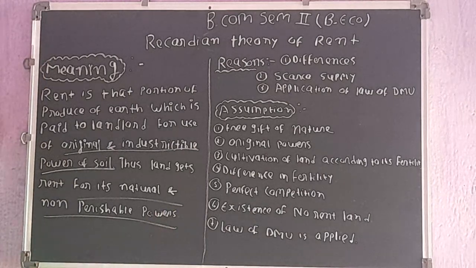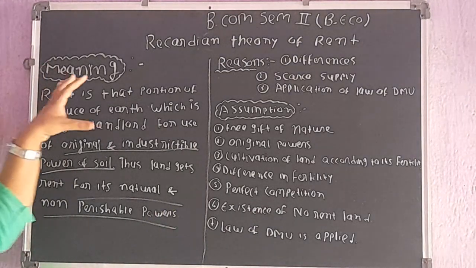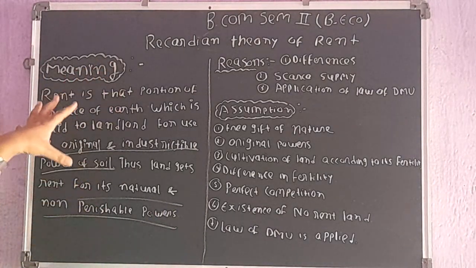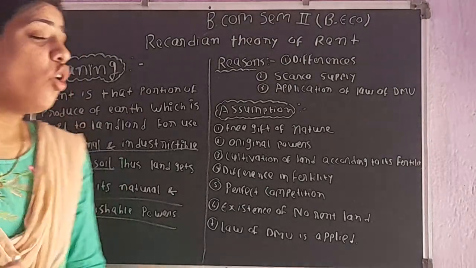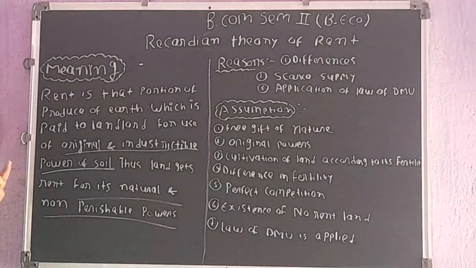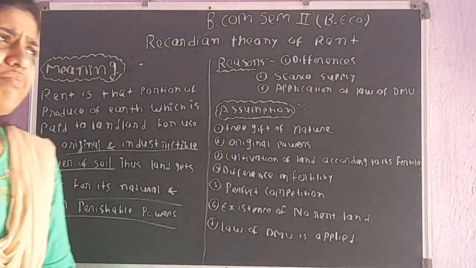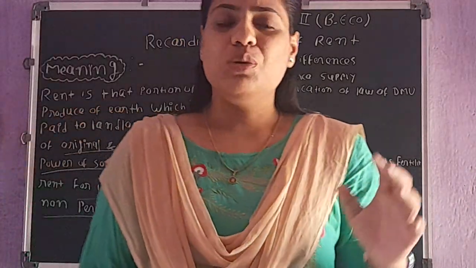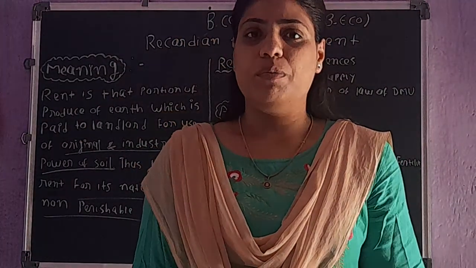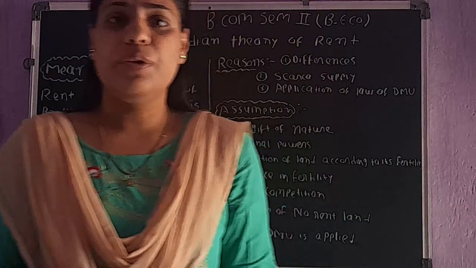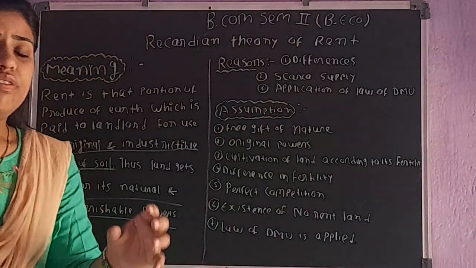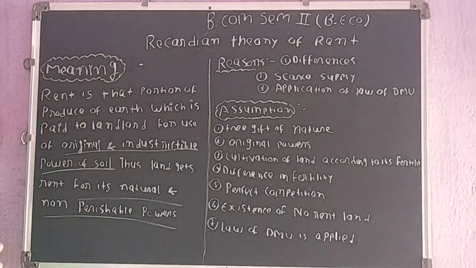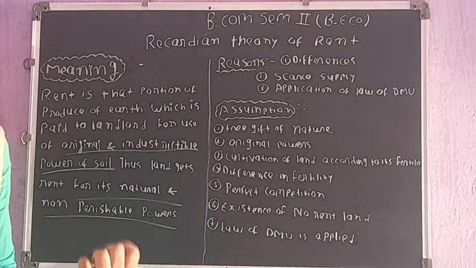When we use land for agricultural purposes, of course we produce something, and when land is used for agriculture, it has some original and indestructible power.